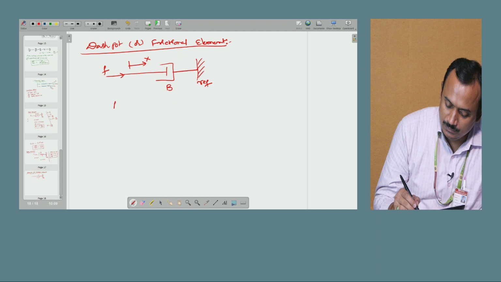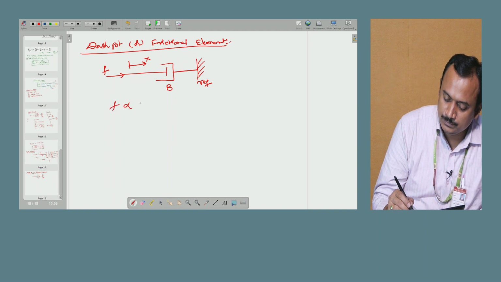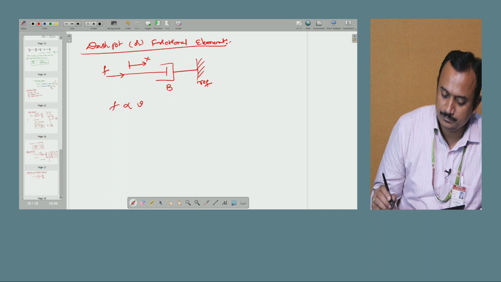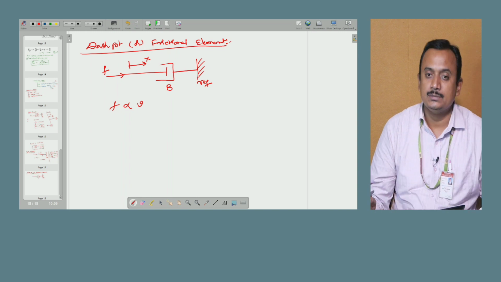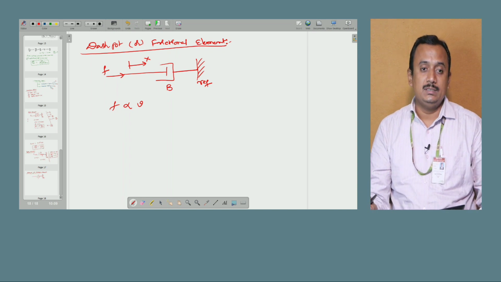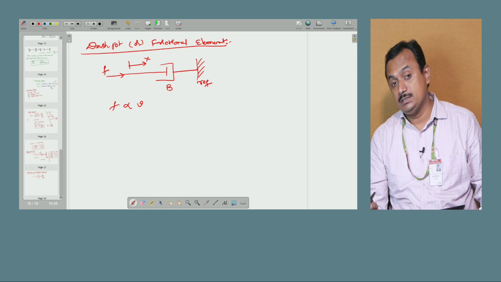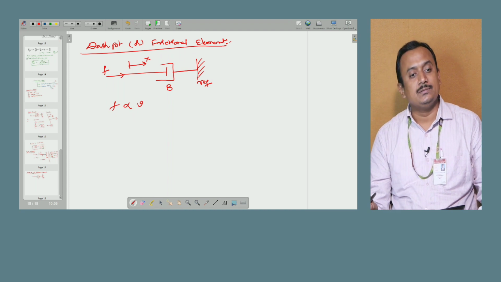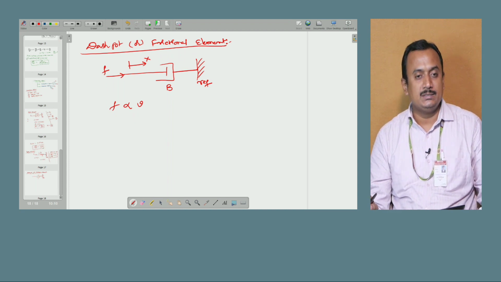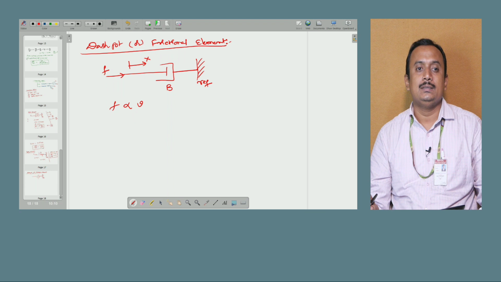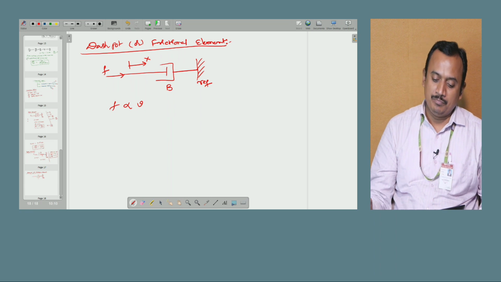Now in this, the force is proportional to the velocity, whereas in the case of mass element we said the force is proportional to acceleration, whereas in the case of a simple spring constant the force is proportional to the distance, that is x, and here in case of dash pot the force is proportional to the velocity v.